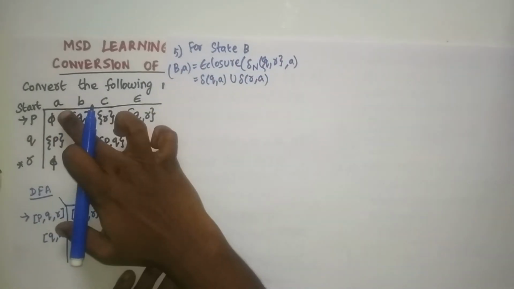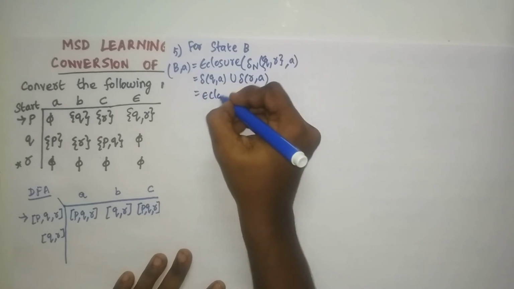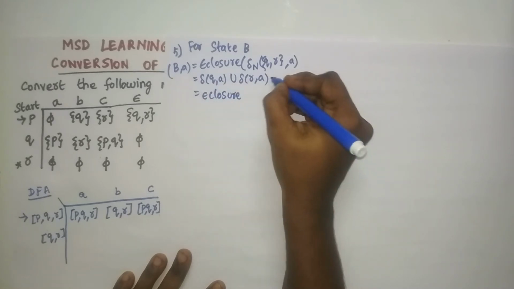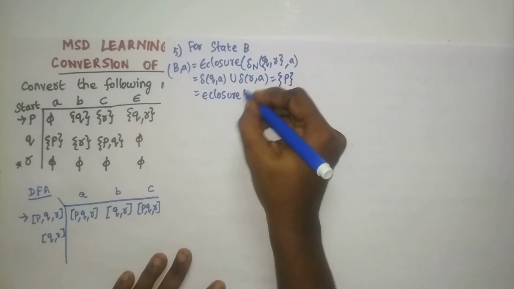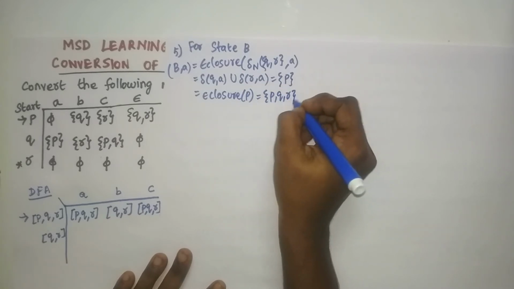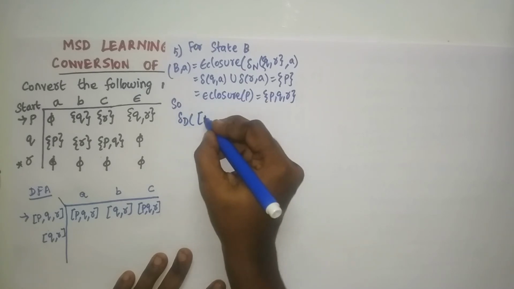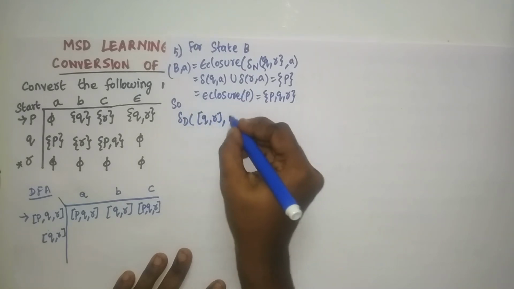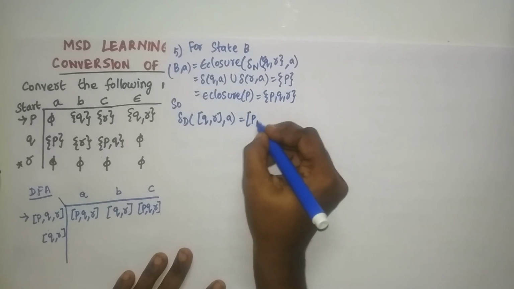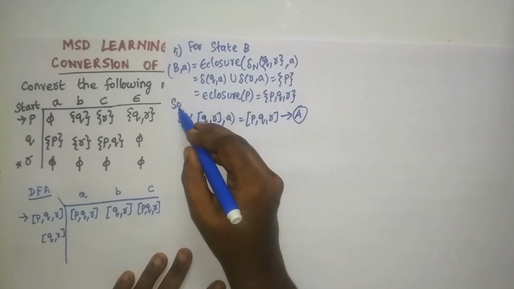So Q on a is P, R on a is empty. So P is the answer. For that state P, we need to find the epsilon closure of P. The epsilon closure of P is {P, Q, R}. So δD of {Q, R} on a will be equal to {P, Q, R}, which resembles the same state A.